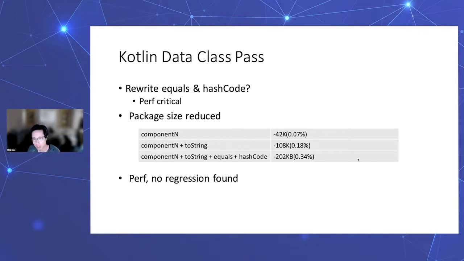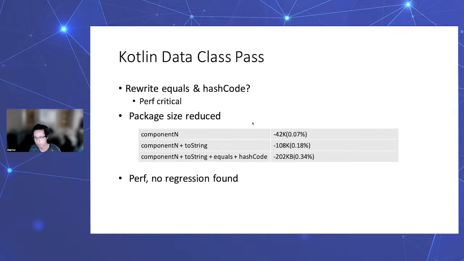But these two methods are used a lot in performance critical code paths. For example, when you insert an element into a map, it will likely invoke hashCode and equals. So if we use very heavy reflection, it will affect performance a lot.